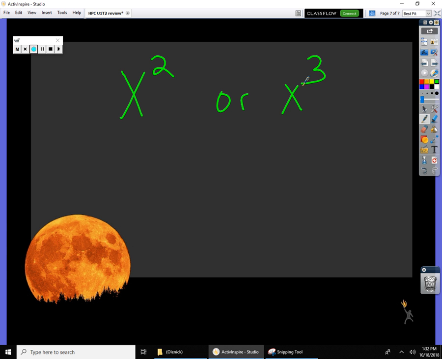So let's talk about it. What does cube mean? 3 times. Right, so this means x times x. This means x times x times x. Which one's going to get bigger faster? Cubed. Let's summarize it. How do I know which one's getting bigger faster? What's its shortcut? The higher the power, the faster it grows.